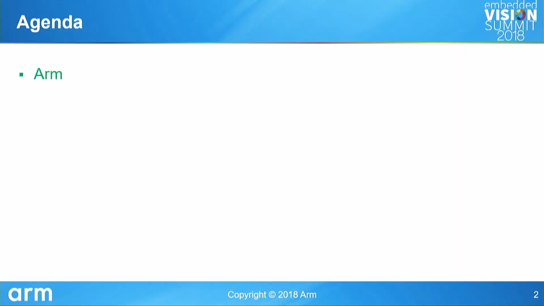So let's start by seeing the agenda for today. After a very brief introduction about ARM, where I'm going to spend just a few words about the company I work for, I'm going to deep dive into the world of convolutional neural networks, presenting an overview of the current trends inside the convolutional neural networks used for object recognition tasks.